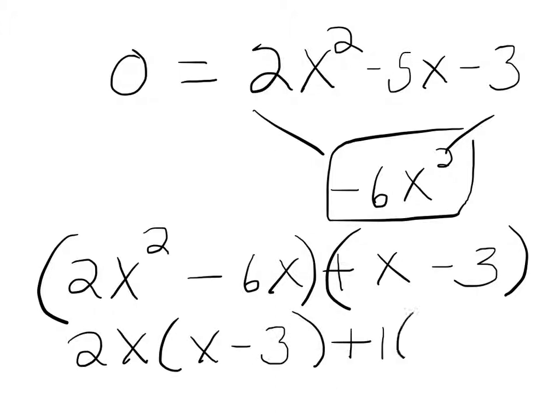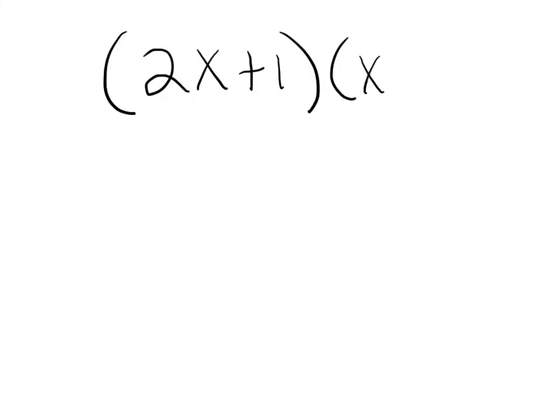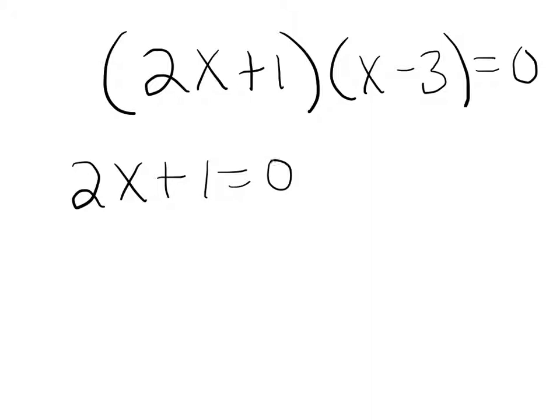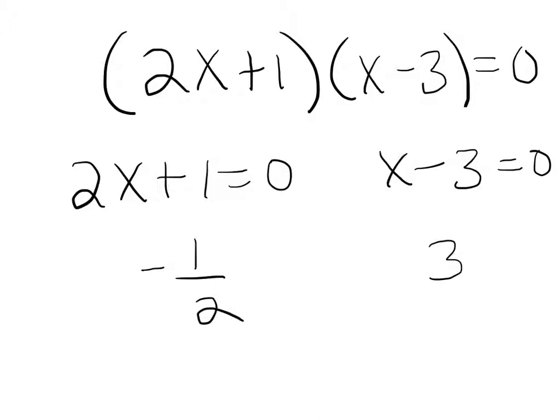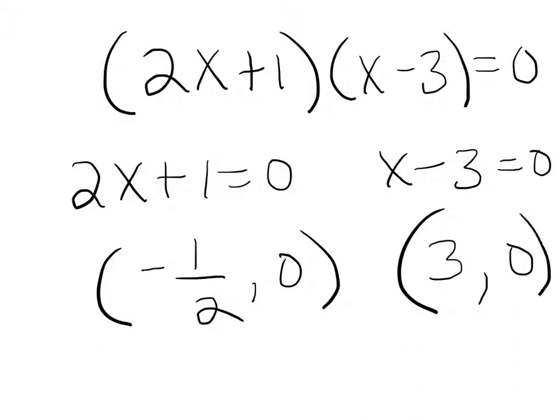There's a 1 there. So it's 2x plus 1, x minus 3. So if I set each of those equal to 0, I get the negative 1/2 and the 3. So that's negative 1/2, comma 0, 3, comma 0.